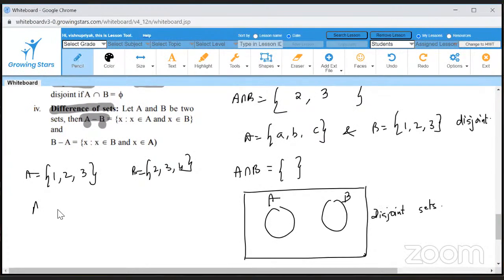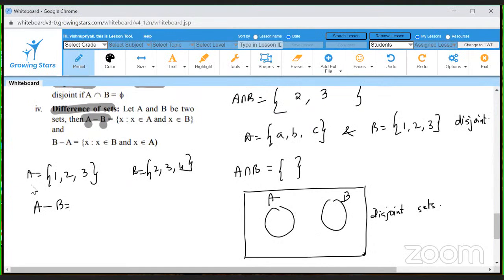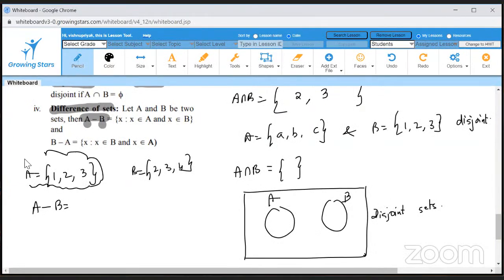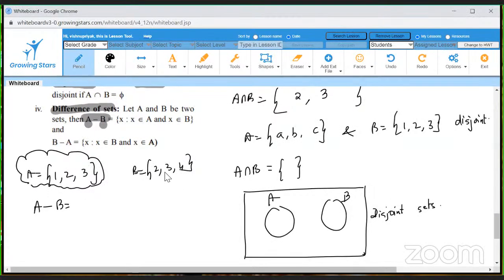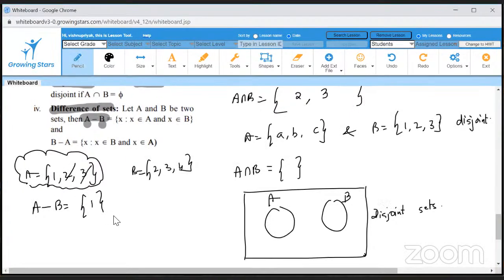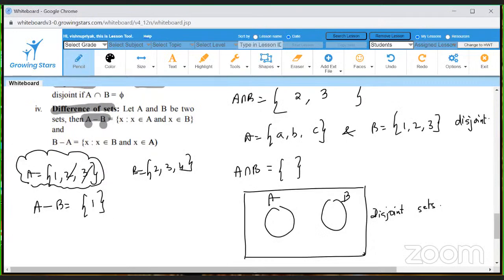So A minus B means take the set A, but from this, remove the elements of set B. 2, 3, 4 you have to remove. 4, of course, you can't remove. You will remove 2, 3. What is left is 1. This is A minus B.